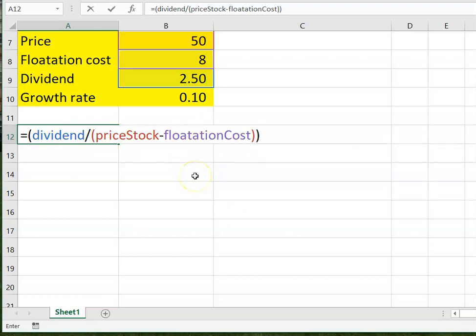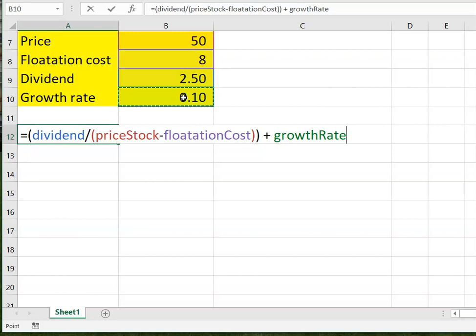This is pretty much the dividend yield, right? The yield on a stock, except we're using the net proceeds here. Notice the parentheses. I want to take my dividend yield, which gives the outside parentheses, the black parentheses, divided by my net proceeds. And I take that and I need to add my growth rate.